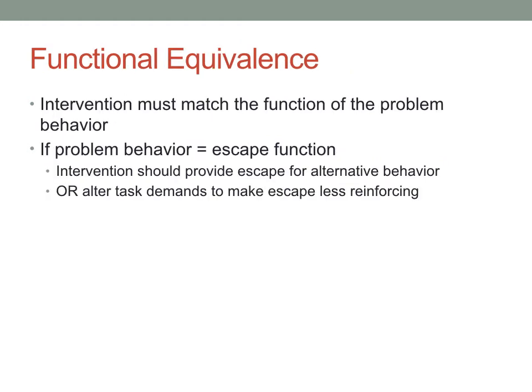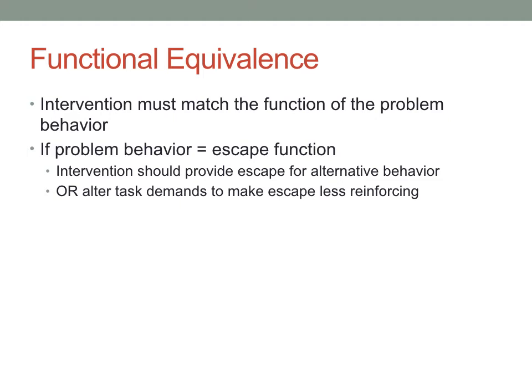When you choose an intervention, the intervention must match the function of the problem behavior. For example, if the function of the problem behavior is to escape from the situation or the task, then the intervention should provide escape for an alternative behavior.